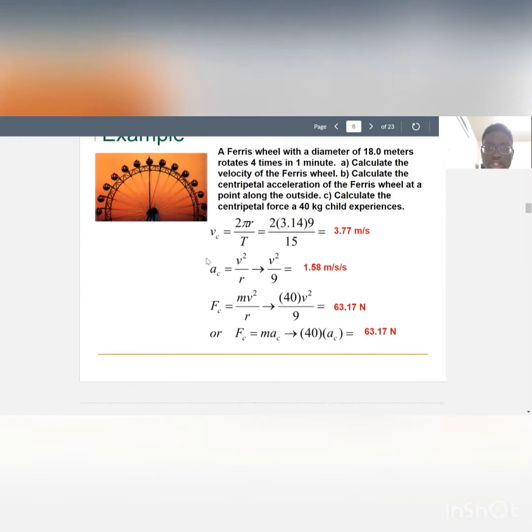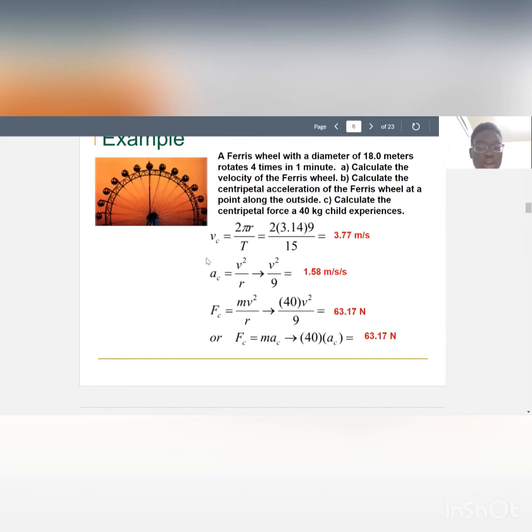Some formulas that I'd like to cover with you guys: I'm not sure if I mentioned earlier, but frequency is the number of rotations or revolutions per unit time. And frequency is represented by a lowercase f. It is very important to know that the period and frequency are reciprocals.